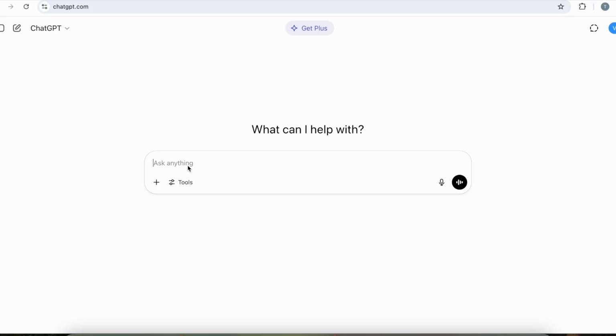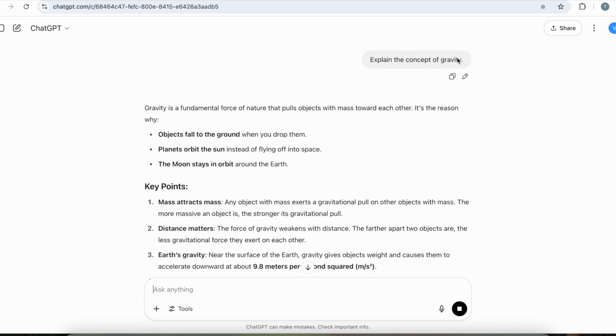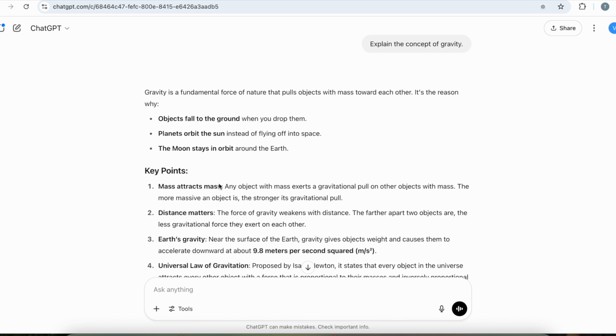For example, in natural language processing, you will provide a question to a system in a language that we can understand. For example, I ask a question here in English, explain the concept of gravity. So I am providing the question in a human understandable format here, and it gives back the response here in English, that is human understandable language.